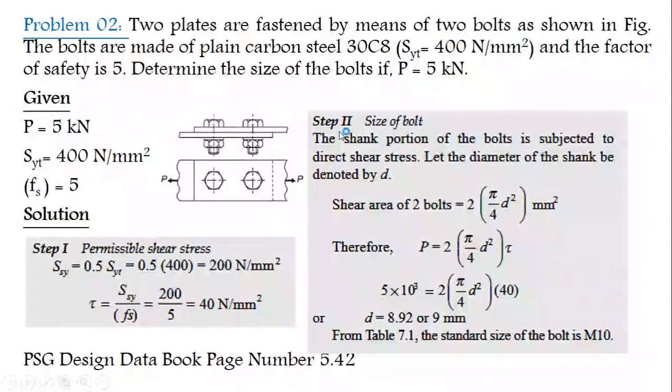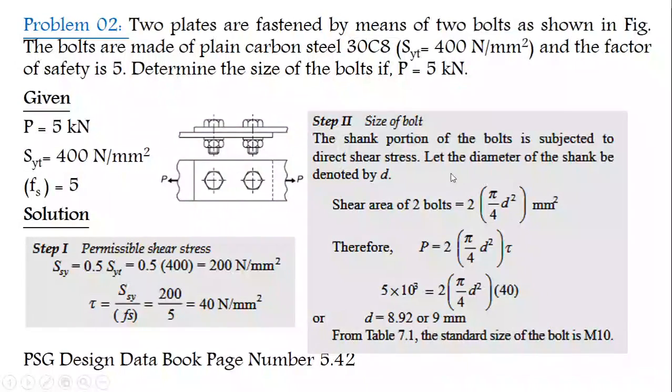Then step 2, find the size of the bolt. The shank portion of the bolt is subjected to the direct shear stress. Here the bolt is fastening the two plates. This is the threaded portion. This portion is the shank portion. The shank portion is inserted in the plate hole, so the shank portion is subjected to the shear stress.